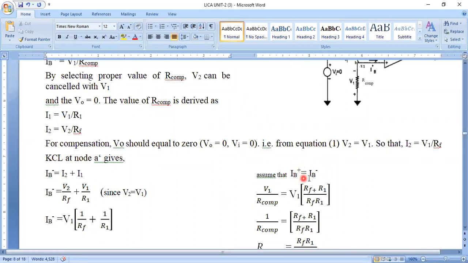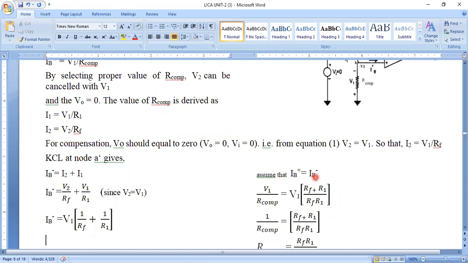That means the current flowing through the inverting terminal and the current flowing through the non-inverting terminal of the operational amplifier have the same magnitude, IB plus equal to IB minus, even though they have different polarity.